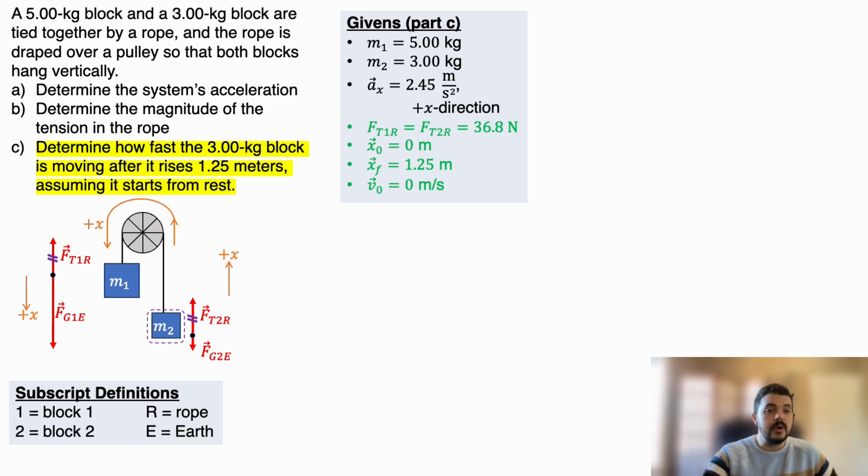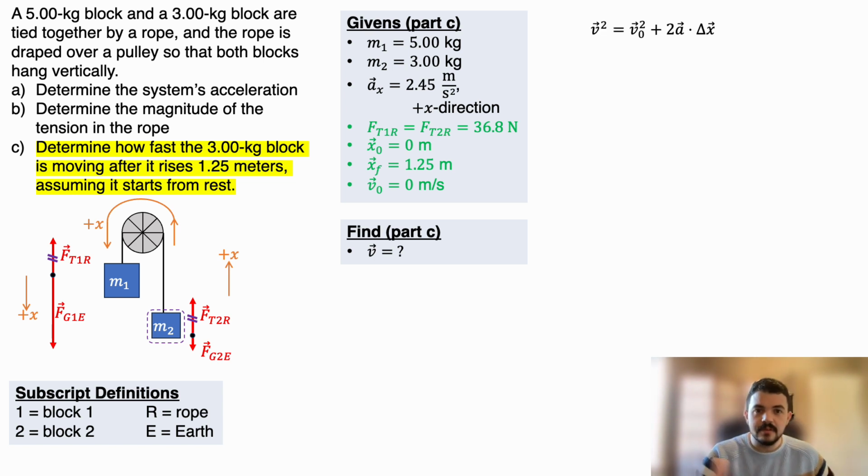And what is our find? Our find is the final velocity, v. We don't know what that's going to be. And so the question is how fast. That's going to be a sort of motion thing. We're going to look at my motion equations from when we were studying motion earlier. Find one where v is the only thing we don't know and everything else is in our givens list. And if I go and do that, I might stumble across this equation, the time-independent equation, the one that tells us how fast we're going based on our displacement.